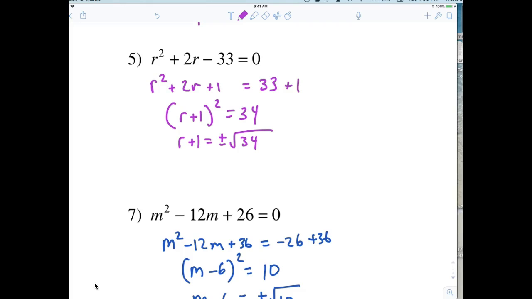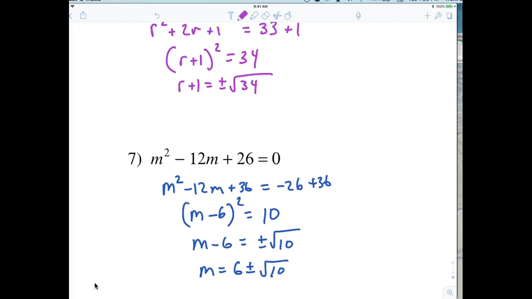And then the final answer, r equals what? Negative 1 plus or minus the square root of 34. Just traditionally the rational goes in front, and then the irrational. All right, that's how they do that. It's really not that difficult. It's just a pattern, going through the same process.